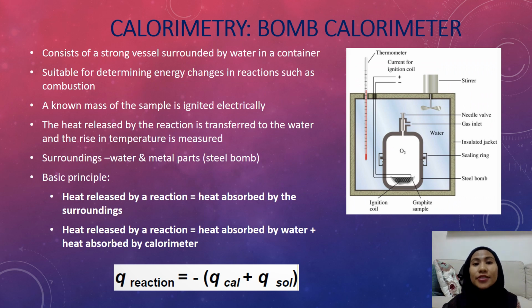Now we are going to discuss the bomb calorimeter. As you can see on the slide, this is a cross section of a constant volume bomb calorimeter. Constant volume refers to the volume of the bomb, which does not change during the reaction.